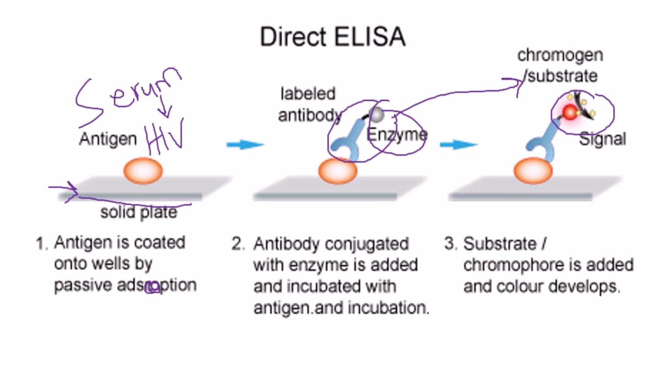And then, of course, anti-HIV antibody, so that the antibody can identify the target, which is our HIV antigen, and of course then the substrate addition and the production of color.